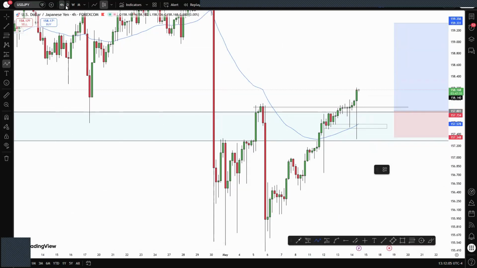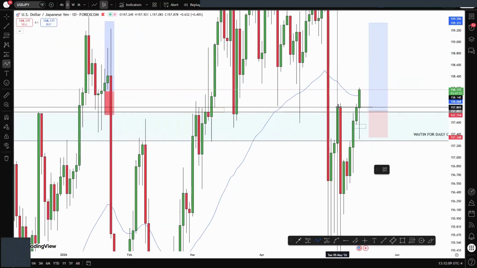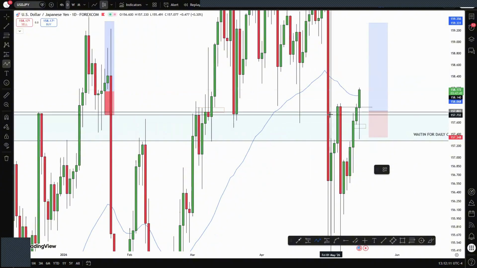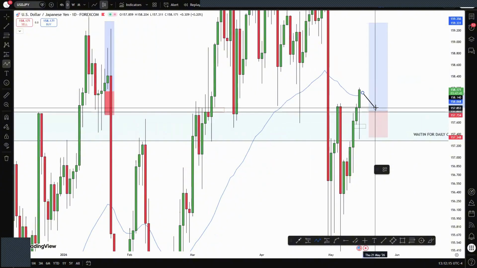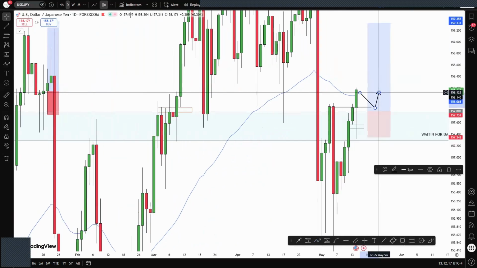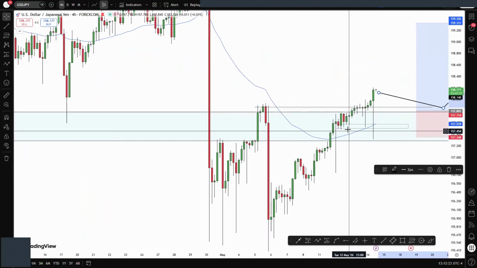But that's something for next week. For now, I just want my daily to close bullish like this, and then I'll wait for my retest, and then I can sell. That's what I want.